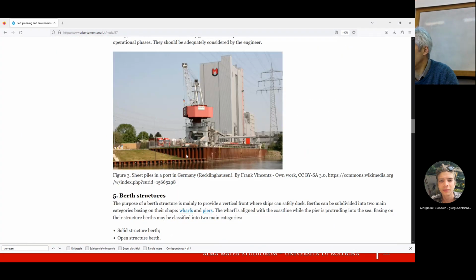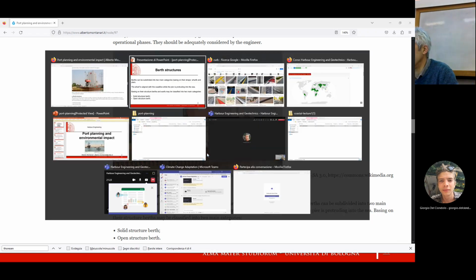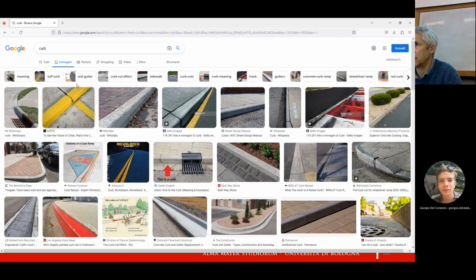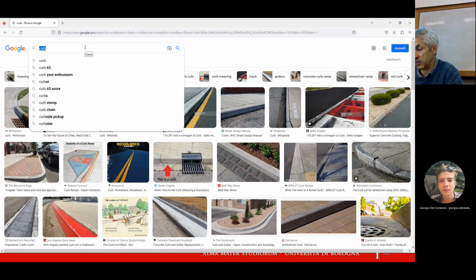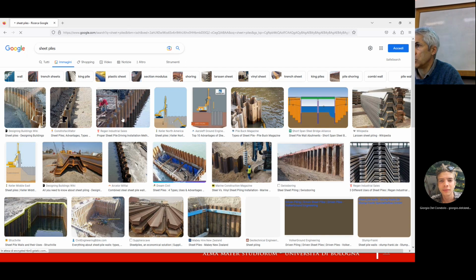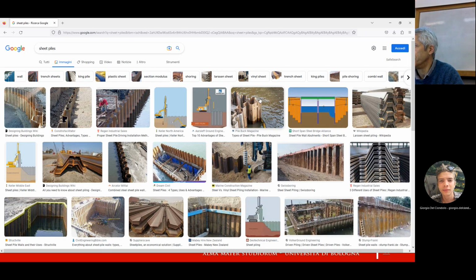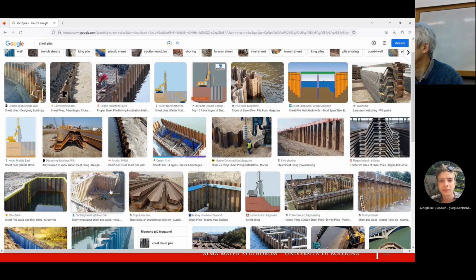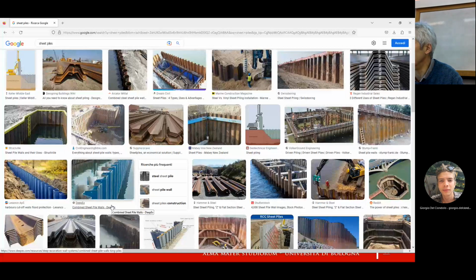These are sheet piles. This is a berth where the vertical structure is built by using sheet piles. And the sheet piles, I think we understand each other, but let me get some more images for sheet piles. You see how they are, and they are filled with land on the land side, and in this way you obtain a vertical structure in order to form the vertical wall of the berth.